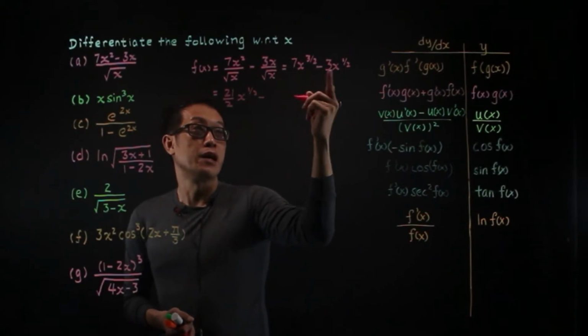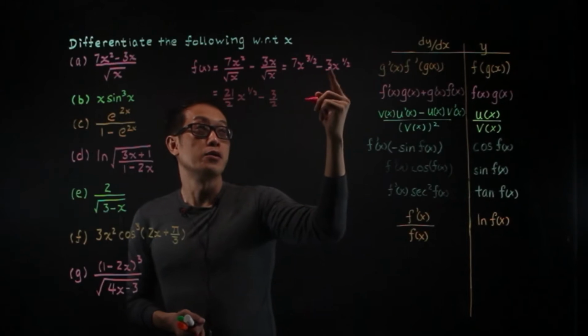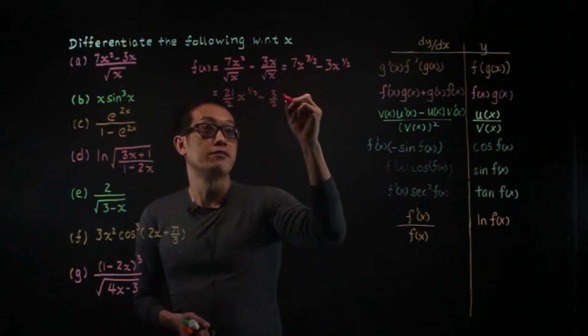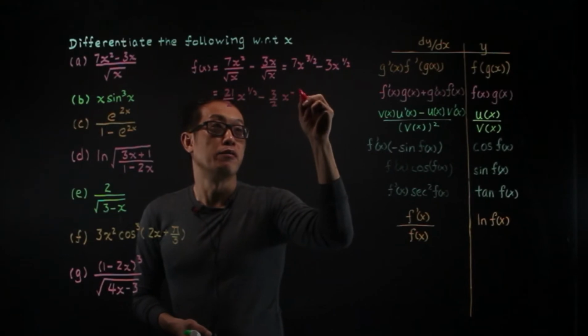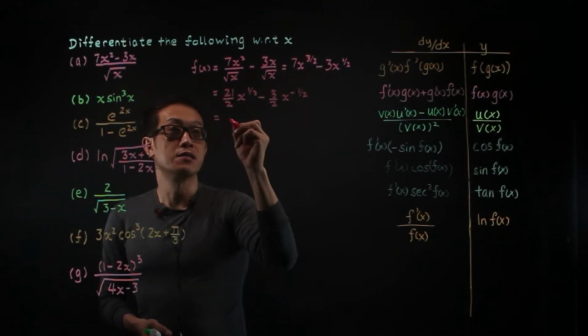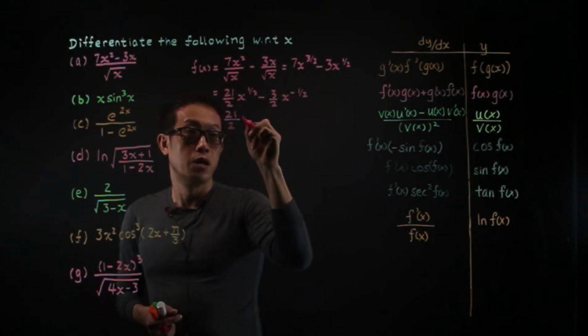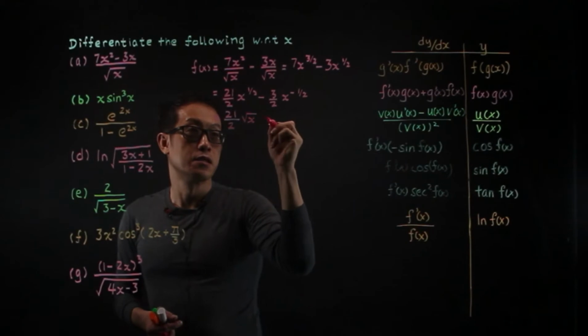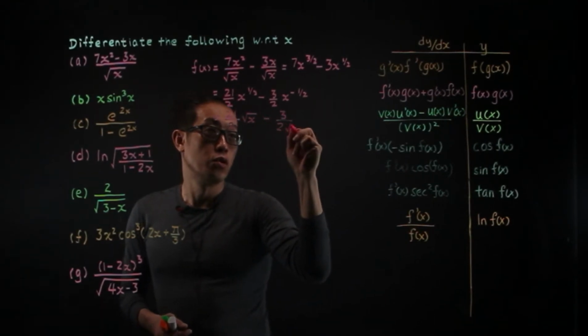Then you bring the half down for this, so you have 3 over 2, and then you minus 1 from the half. So you get x to the power of minus half. Now you simplify this. So you have 21 over 2 root x minus 3 over 2 root x.